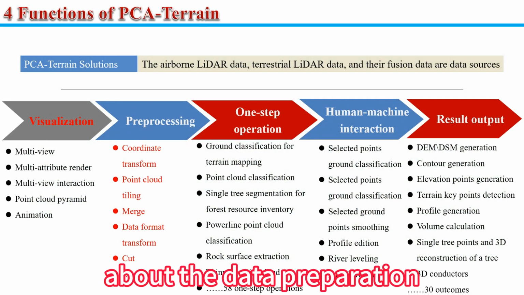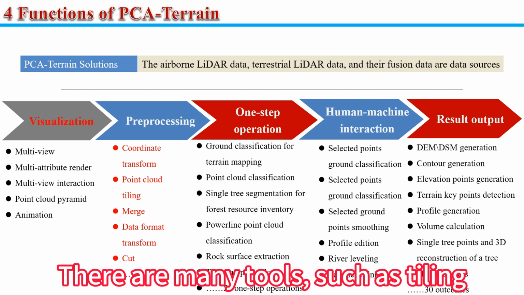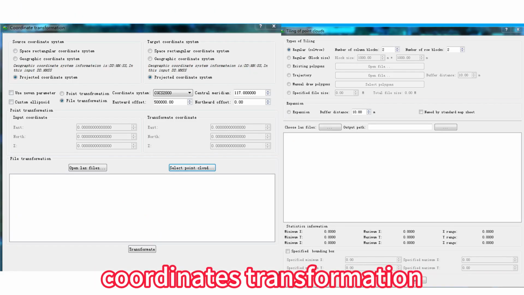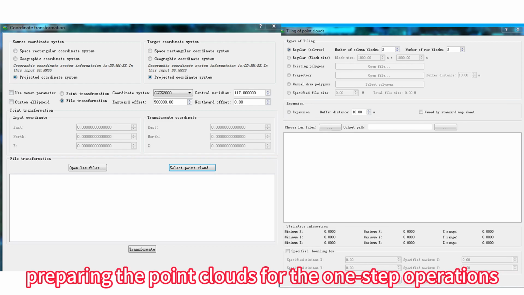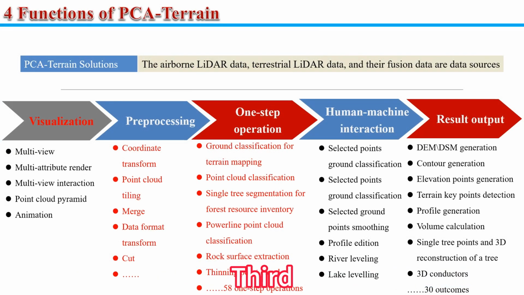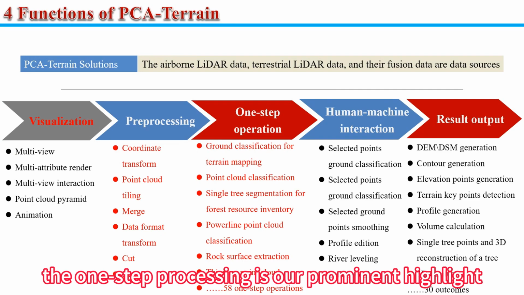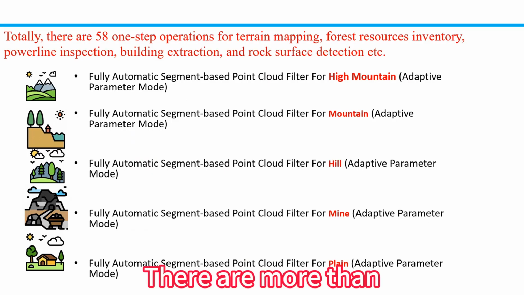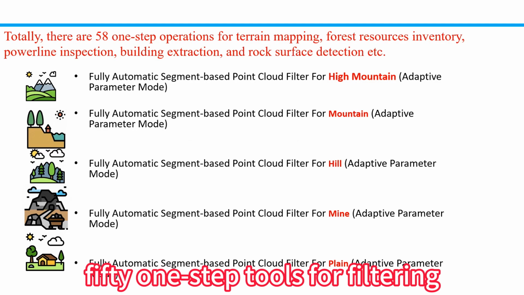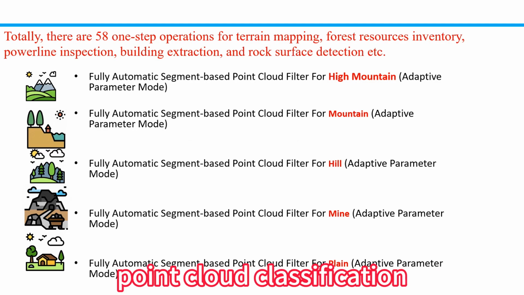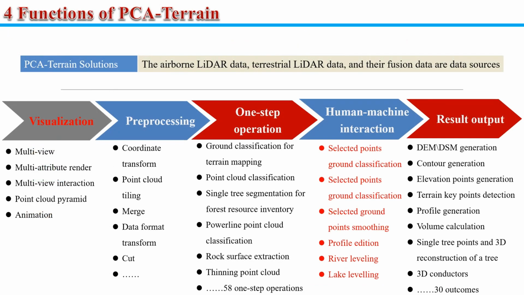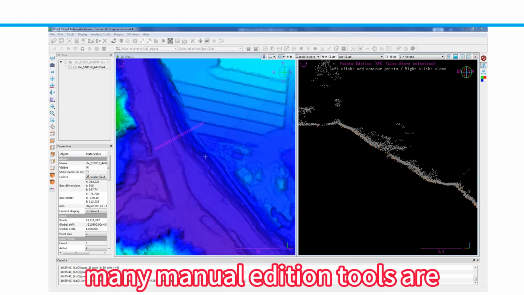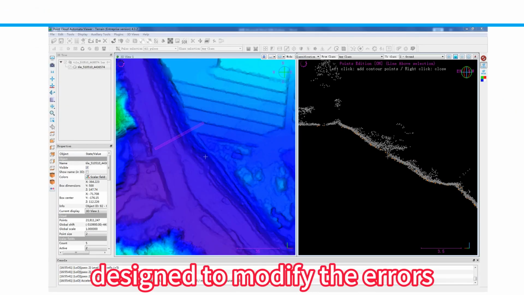Second, about the data preparation. There are many tools, such as tiling, coordinates transformation, and merge, preparing the point clouds for the one-step operations. Third, the one-step processing is our prominent highlight. There are more than 50 one-step tools for filtering, point cloud classification, single tree segmentation and information extraction, etc. Fourth, many manual editing tools are designed to modify the errors.